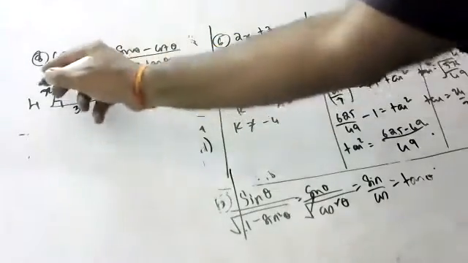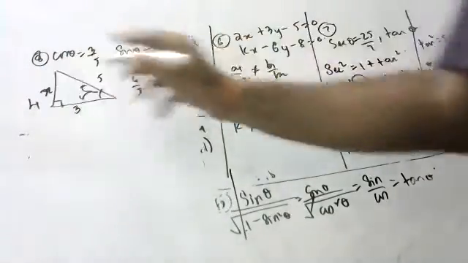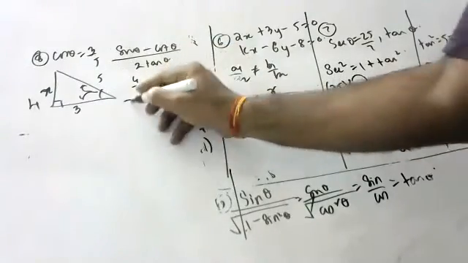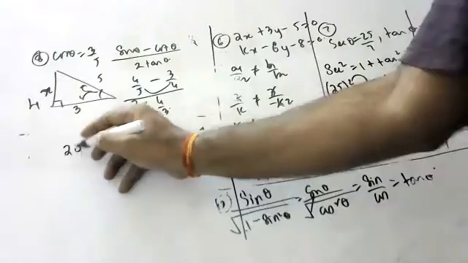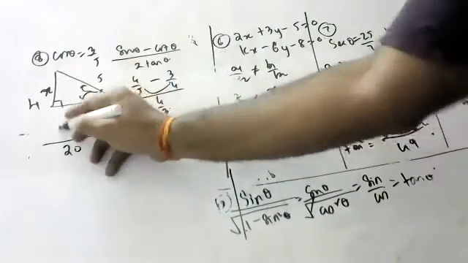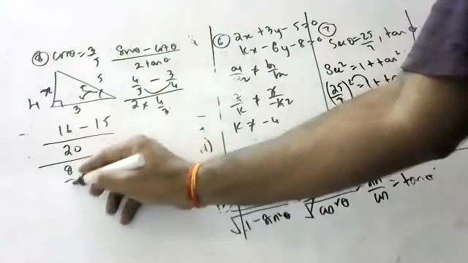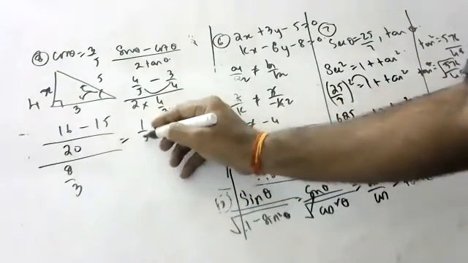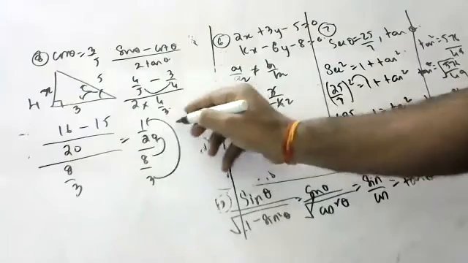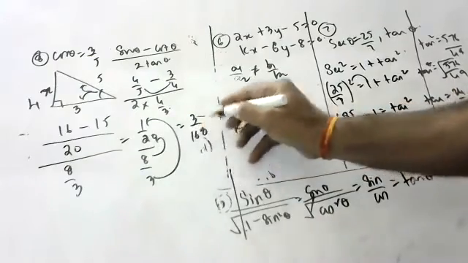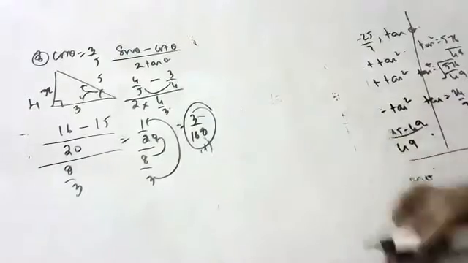So sin theta is equal to opposite by hypotenuse, 4 by 5, minus cot theta which is 3 by 4, by 2 into tan theta which is 4 by 3. LCM, what, children? 20. Minus 16, 15 minus 16, that is 15 by 8 by 3. So 3 by 160. Next question.